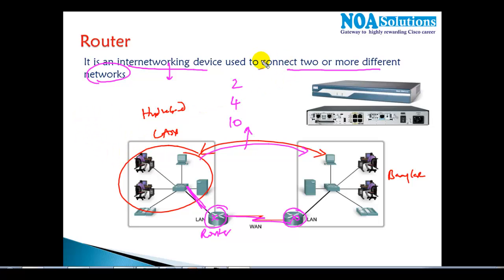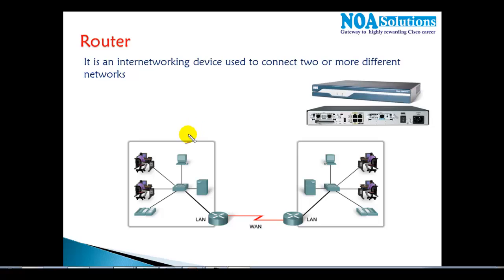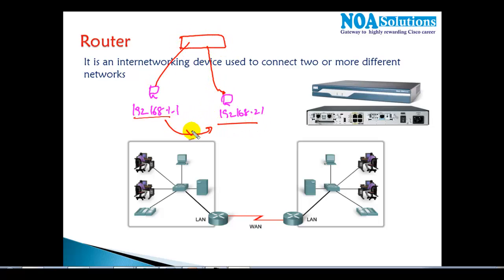Okay, so let's take an example. 2 networks can mean 2 different locations or geographical locations. Even if you have 2 computers, let's say 192.168.1.1 and 192.168.2.1, they might be a part of the same LAN, maybe connected to the same centralized switch, but they will not communicate with each other directly.